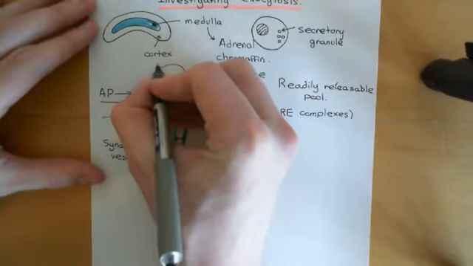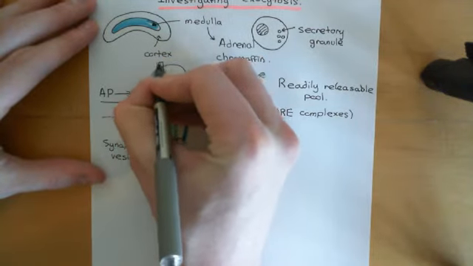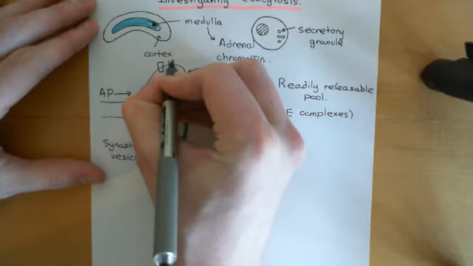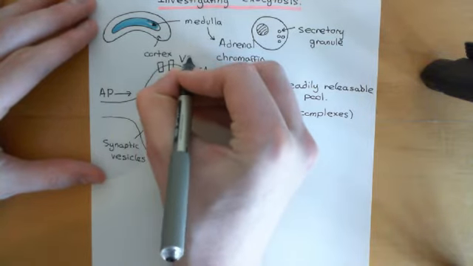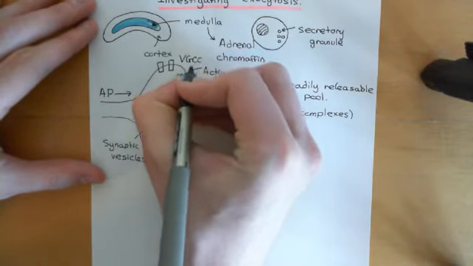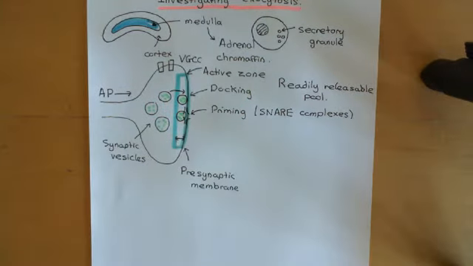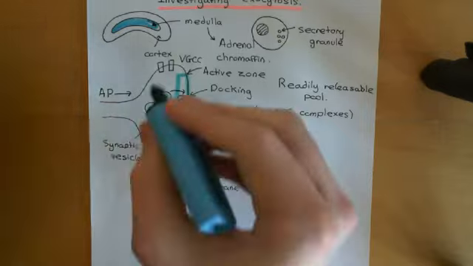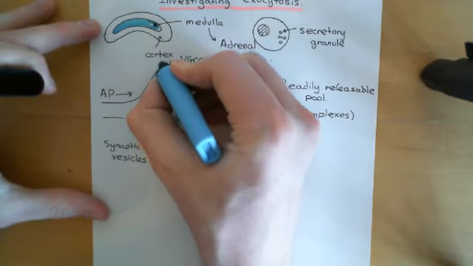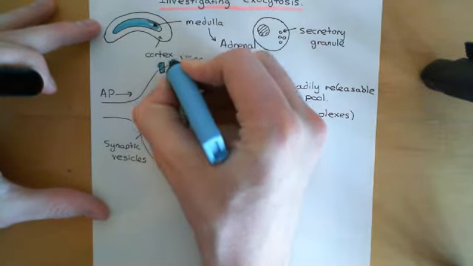Well, basically it's going to cause the opening of voltage-gated calcium channels which are opened by depolarization. So when the action potential arrives in the axon terminal, of course, part of the action potential involves depolarization. The up phase involves depolarization. So that depolarization is going to cause the opening of these voltage-gated calcium channels here, which I'll colour in blue.